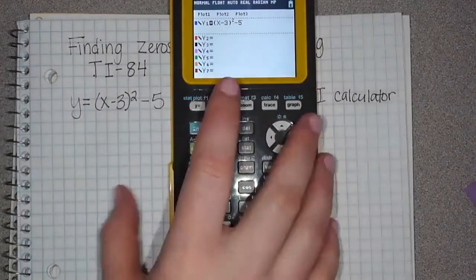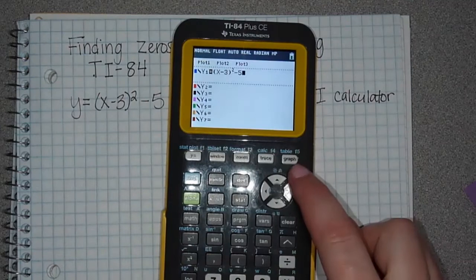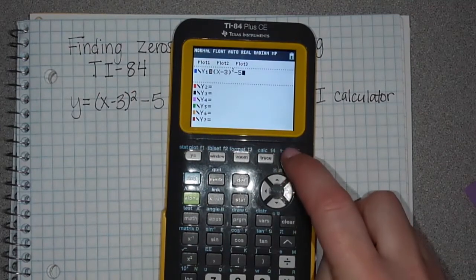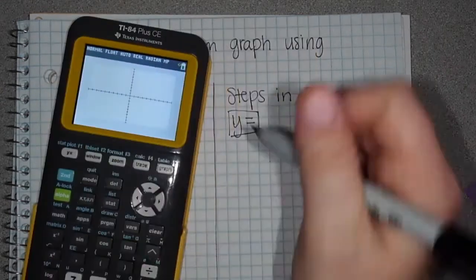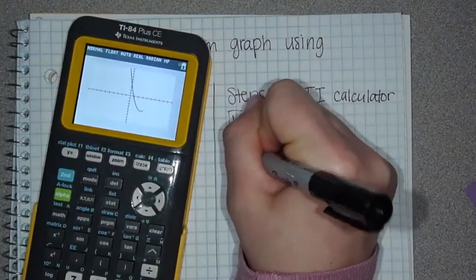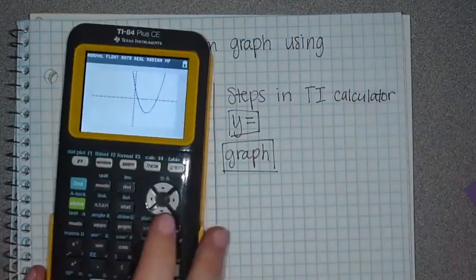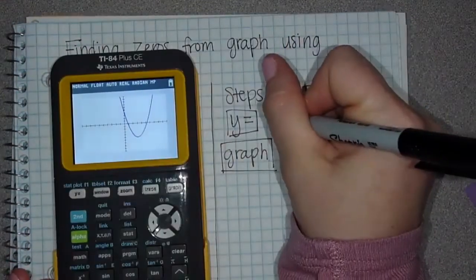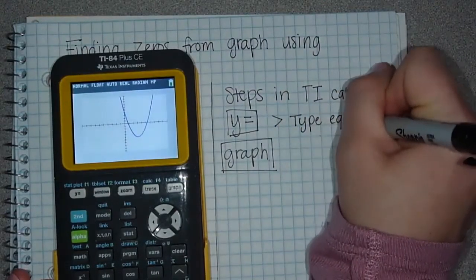Okay, so once you have typed the equation in, you're going to hit the button that says graph. Notice it's on the opposite side, right underneath the screen. Oops, I should have said type equation.